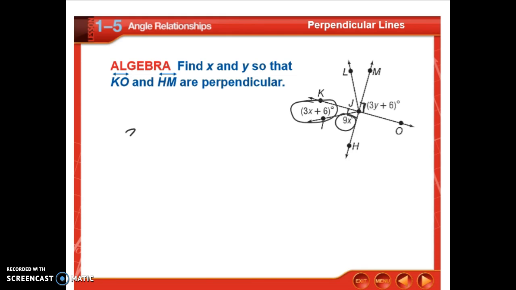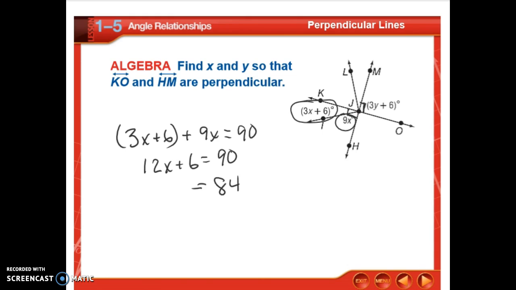That's what we have to figure out, what x is, to make that true. So I take those two expressions, the two pieces of the angle, they equal 90 degrees. So you get 12x plus 6 equals 90. End up with 84 equals 12x. So x has to equal 7.